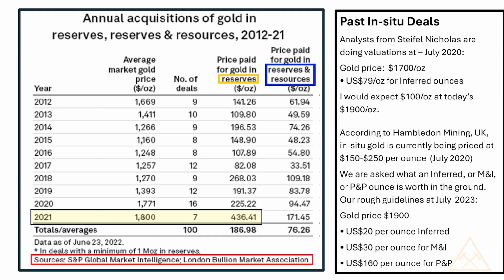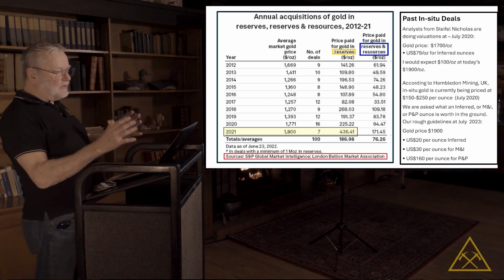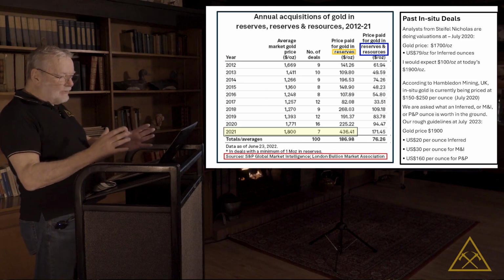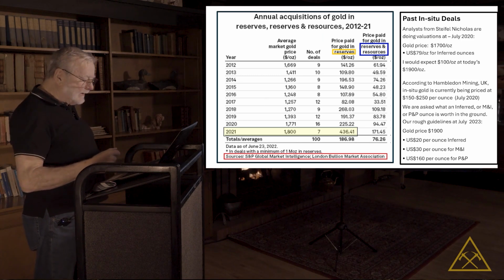You had 20 an ounce inferred, 30 for M&I, but when you went to proven and probable, it jumped up to 160. So that was back when gold was 1900. That's why I put that in here. It's just a reference of the relationship between the in situ price and the actual gold price at that time. And then that would also be factored into the jurisdiction, infrastructure, etc.